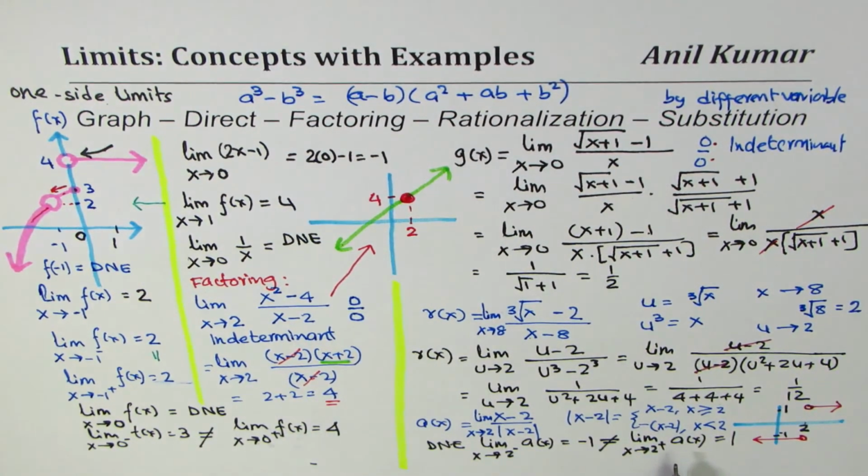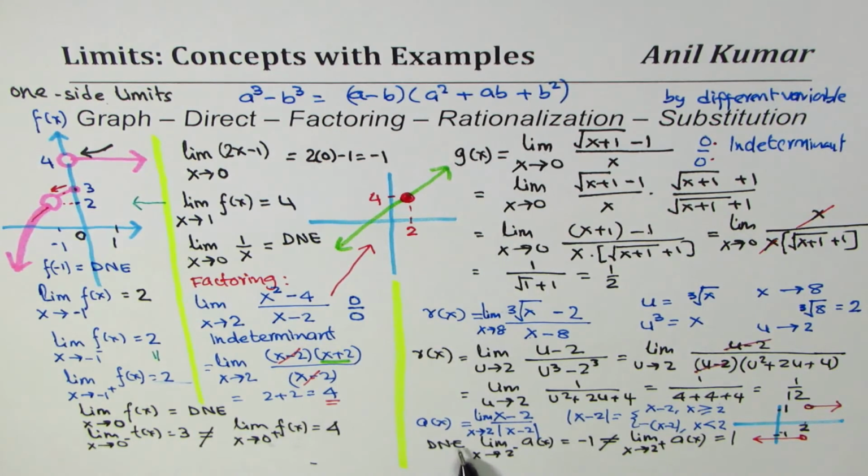Now what you see here is that for the given function x minus 2 divided by the absolute value of x minus 2, as x approaches 2 from the left side, the limit is minus 1. When you approach from the right side, the limit is plus 1. Now these two values are different, they are not the same, and therefore the limit does not exist as x approaches 2 for a of x.